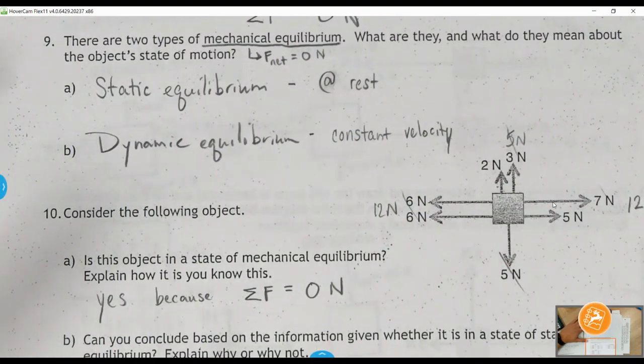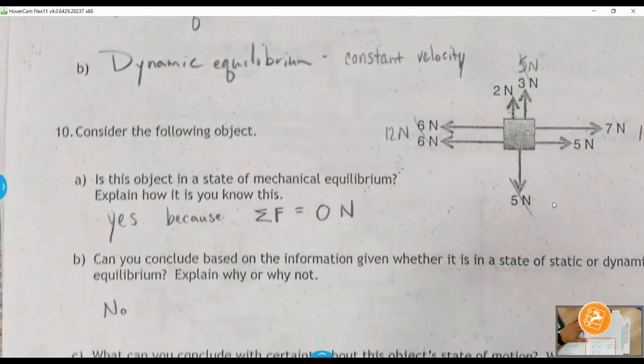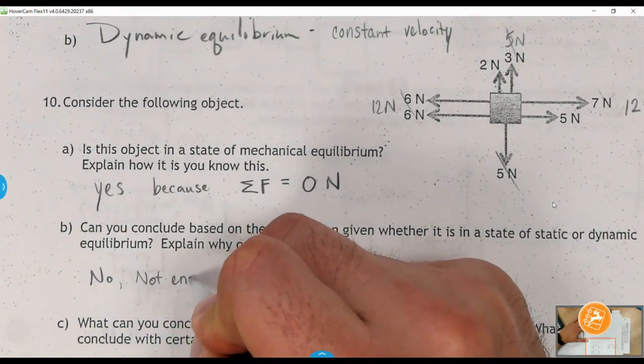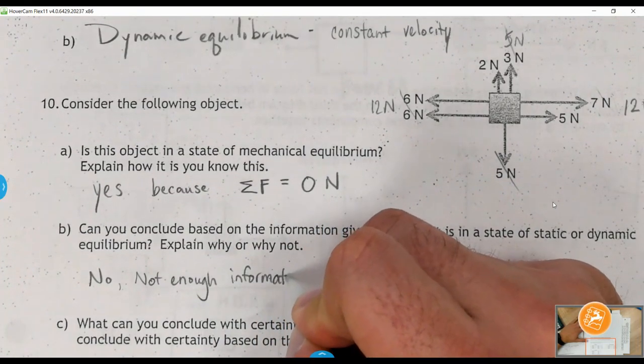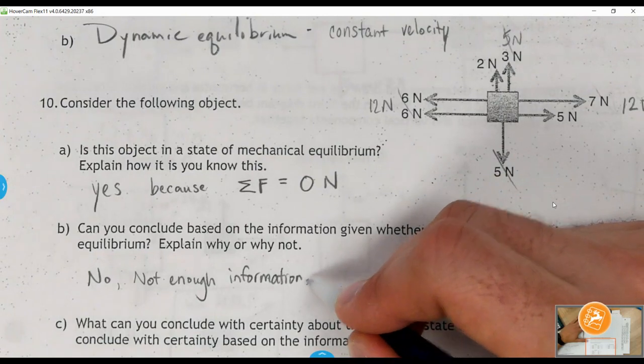Do you have enough information to tell you which one it is? No. So no, not enough information. We just know that the net force is 0.